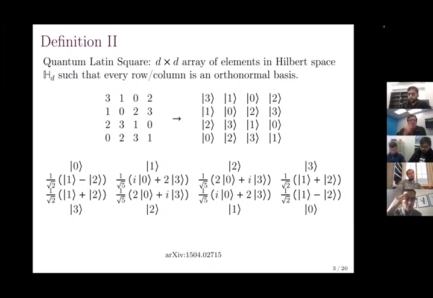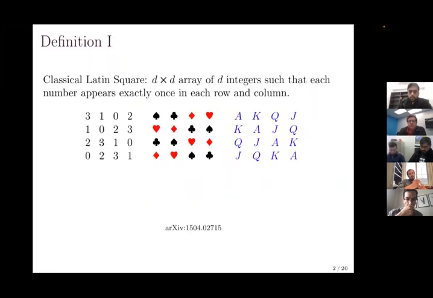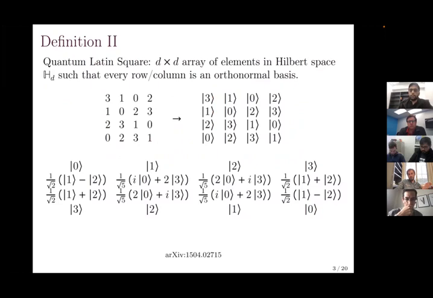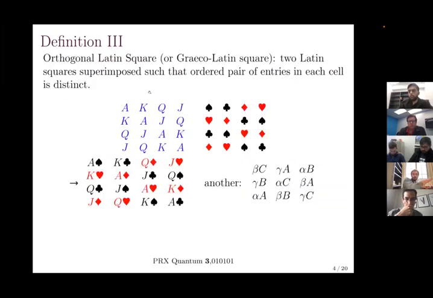I understand that, and I understand we're trying to make a 6x6, right? Yes, but it's not a 6x6 quantum Latin square, but a 6x6 orthogonal quantum Latin square. This was our classical Latin square, and we added a bit of complexity by defining orthogonal Latin squares.